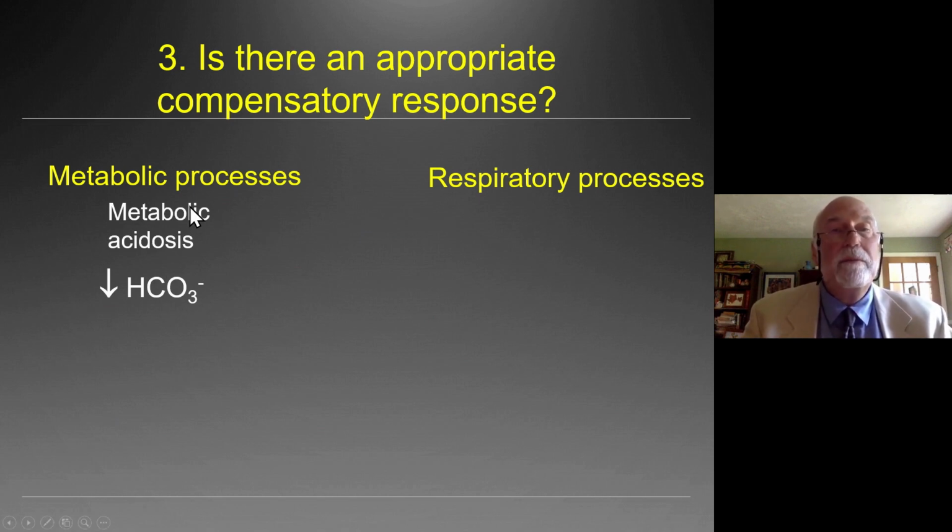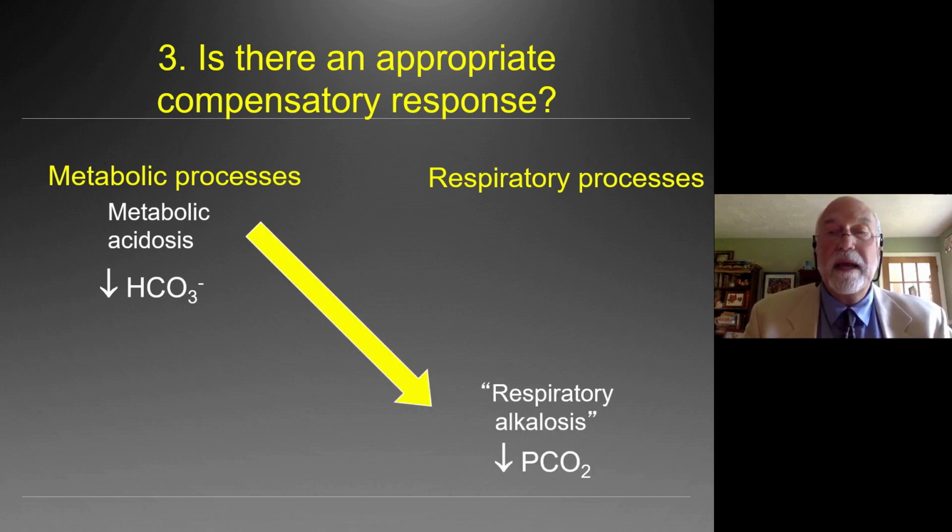So if you determine that the primary process is a metabolic one, defined as a decrease in the bicarbonate, we are going to expect respiratory compensation in the opposite direction, meaning that it's going to elicit a respiratory alkalosis. So by driving the pCO2 down, you offset that ratio and restore the pH towards normal.